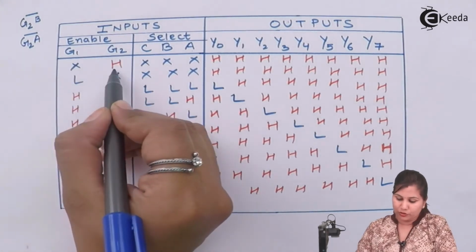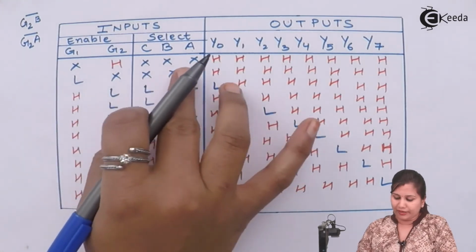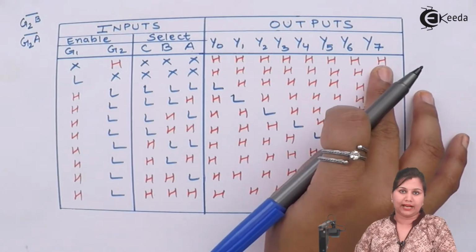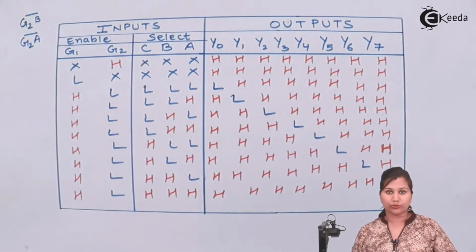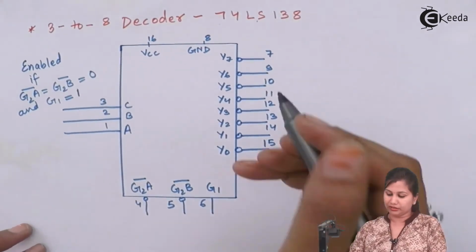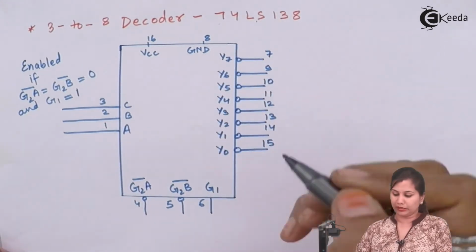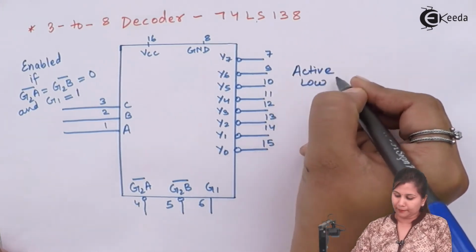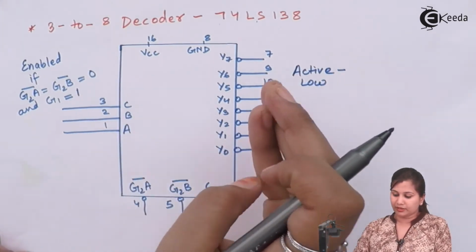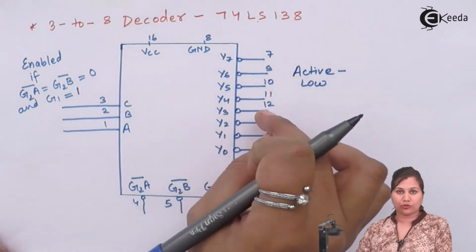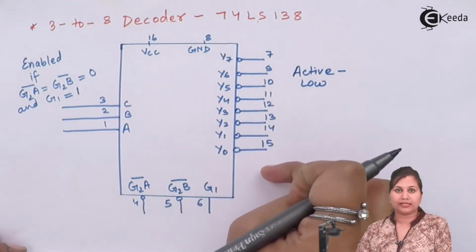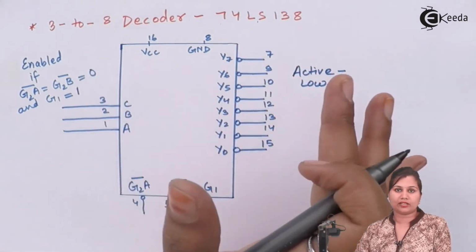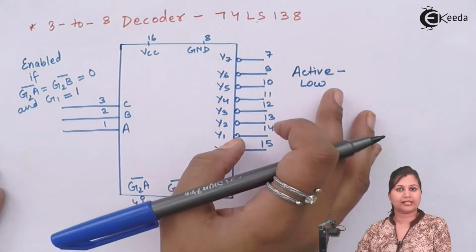Now if this G2 is high, then whatever input we are providing, the output will always be high, as this 3 to 8 decoder has active low output lines. It means that when we have 0 at any of these output lines, it is activated. Otherwise they will always give us active high output, that is 1.